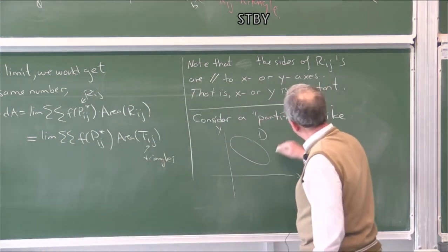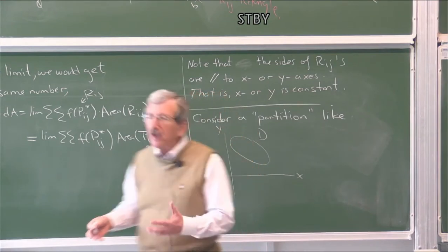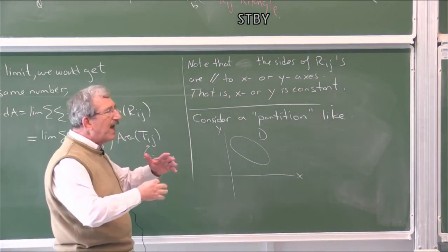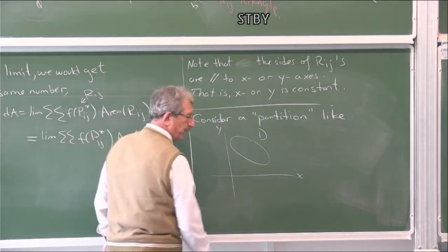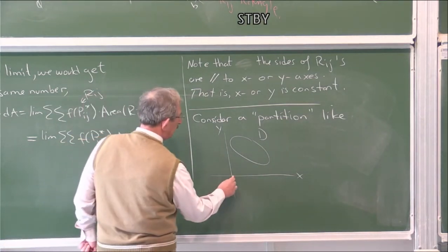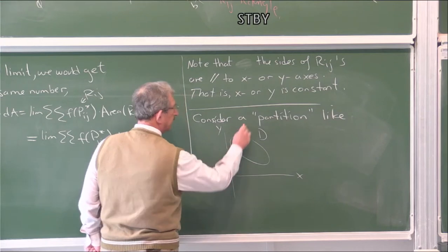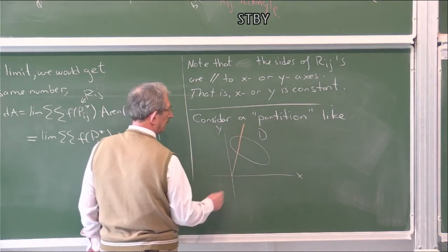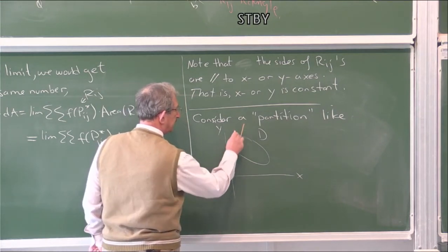Namely, what does that mean? Theta constant, remember, was a half ray. So let me use this. Now, theta constant means something like this. So let us divide it into pieces like this.